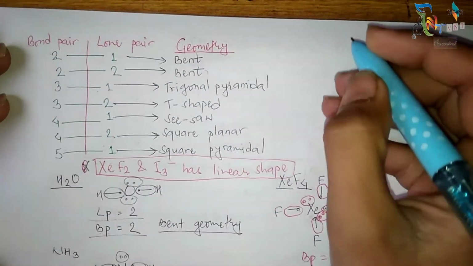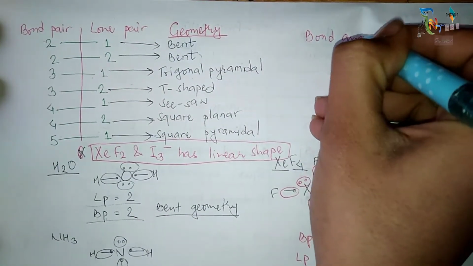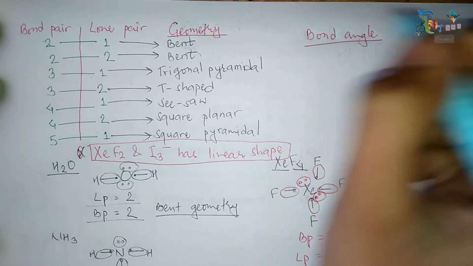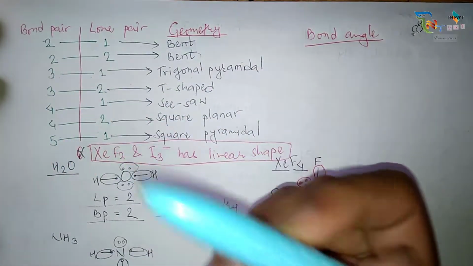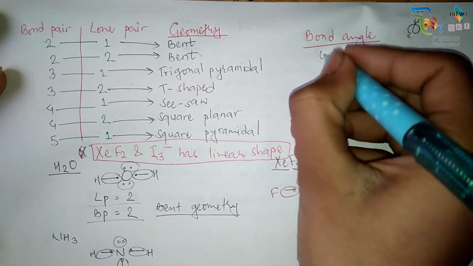Now, talking finally about bond angle. In lone pair cases, the exact bond angle is generally not asked; it is mainly asked to find the order.